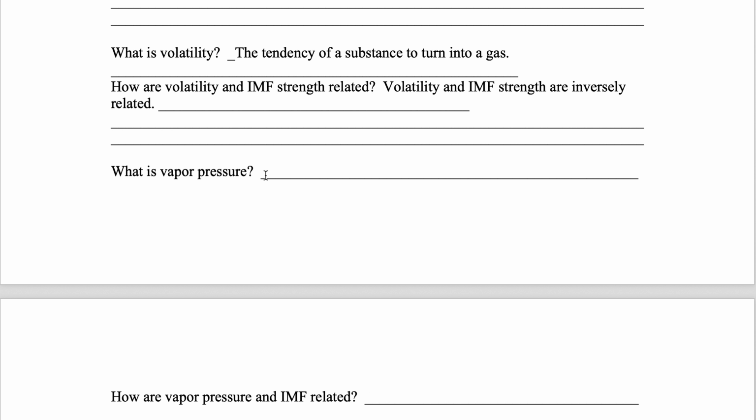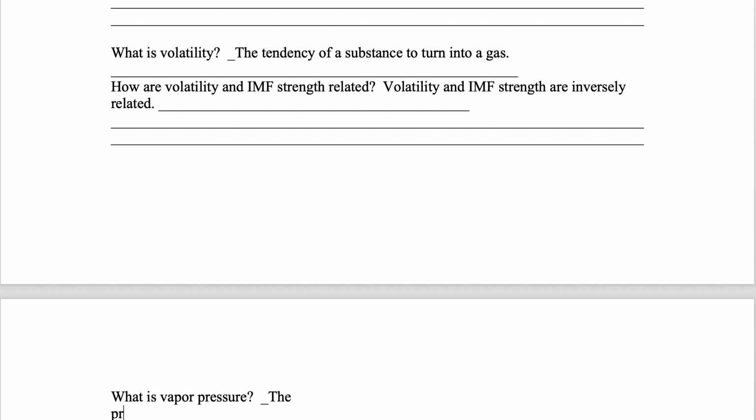Okay, vapor pressure. Vapor pressure is the pressure exerted by the gas phase of a substance.